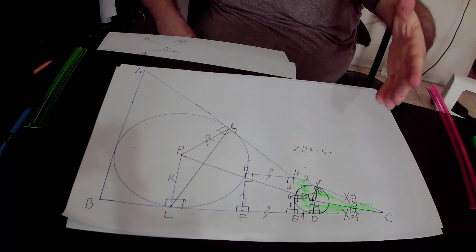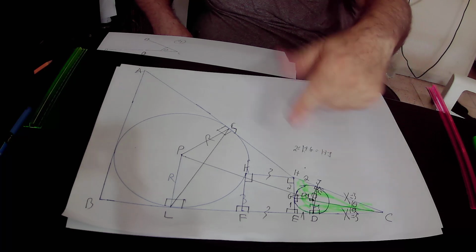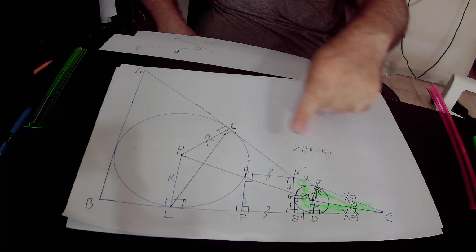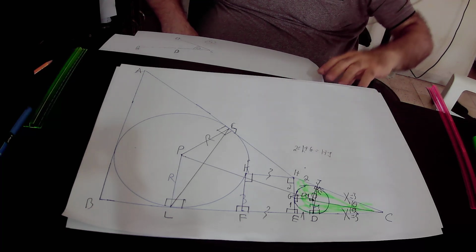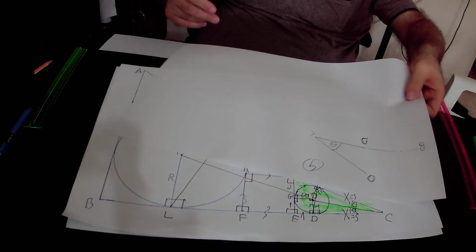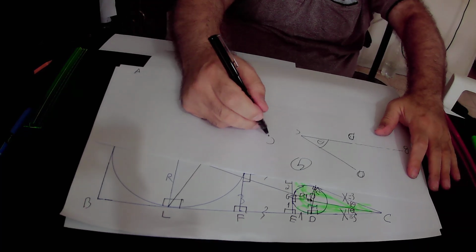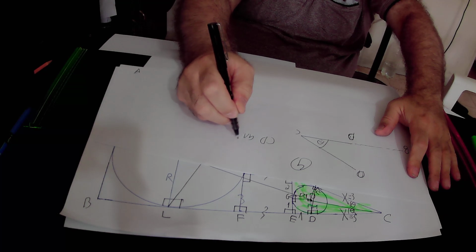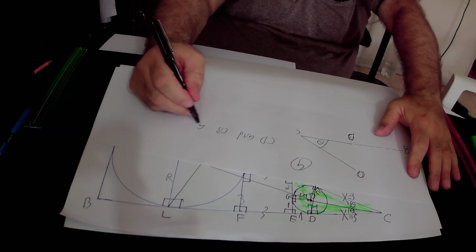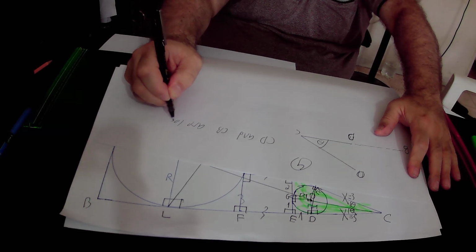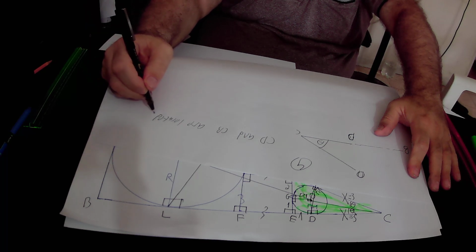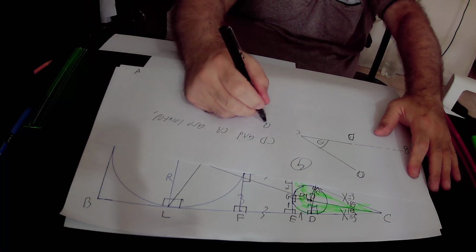Because CD is part of CB, you can say that CD and CB are located on the same straight line.